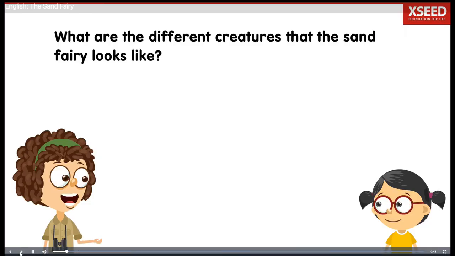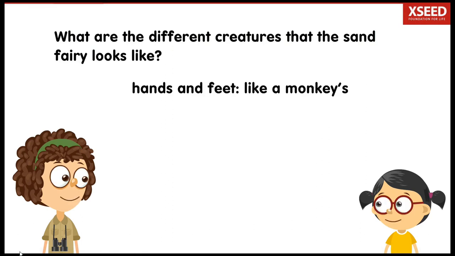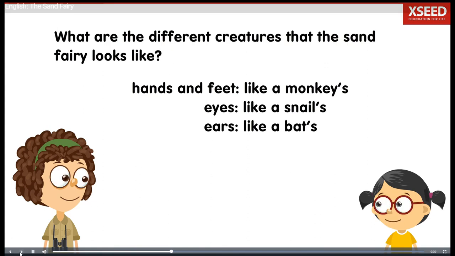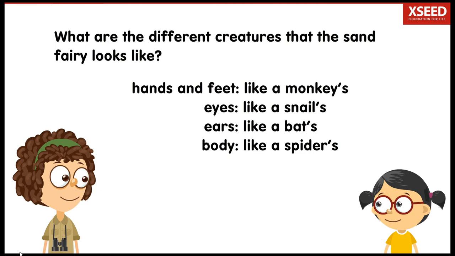Lisa, what do you think? The sand fairy's hands and feet are like those of a monkey. Its eyes are like the eyes of a snail. Its ears are like the ears of a bat, and its body is like the body of a spider. Excellent, Lisa.